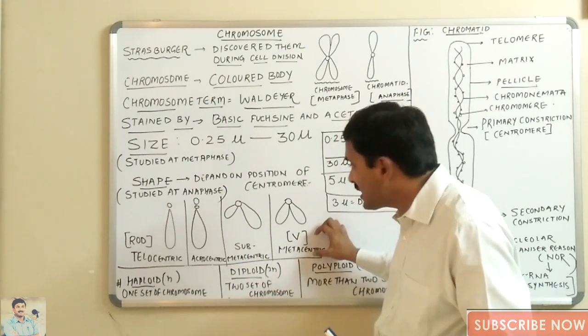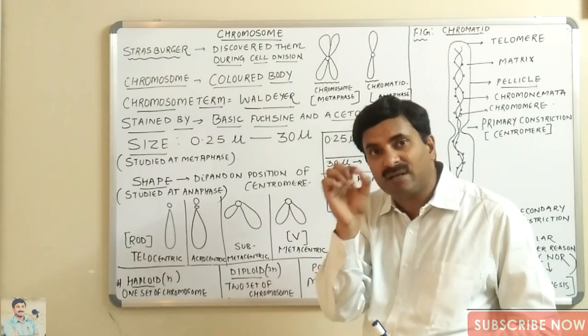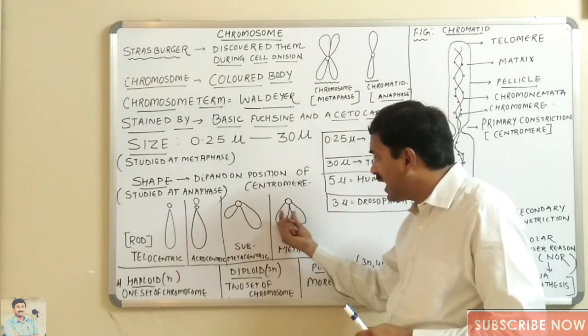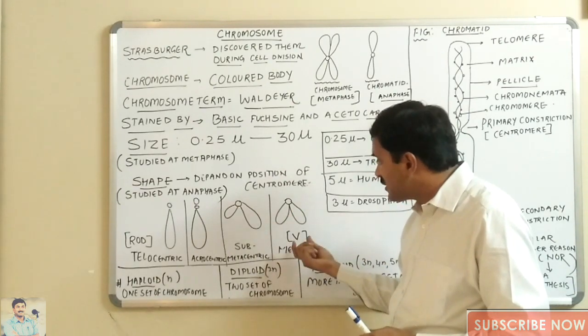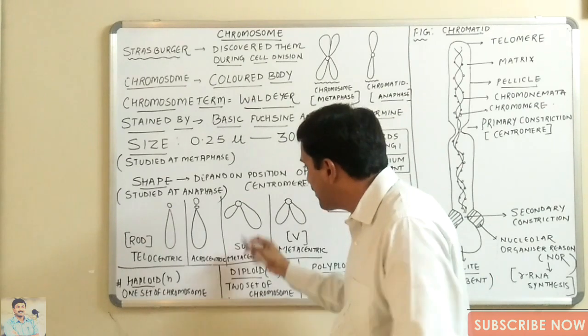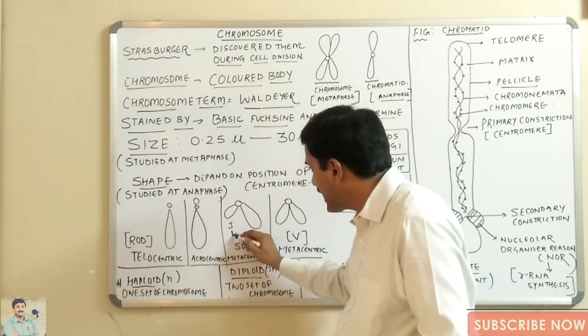But in the metacentric chromosome, the centromere is present at the center, because of which the two arms of the chromosome are equivalent. Here the shape of the chromosome is V-shaped, while in the case of the submetacentric chromosome, the shape is J or L-shape.